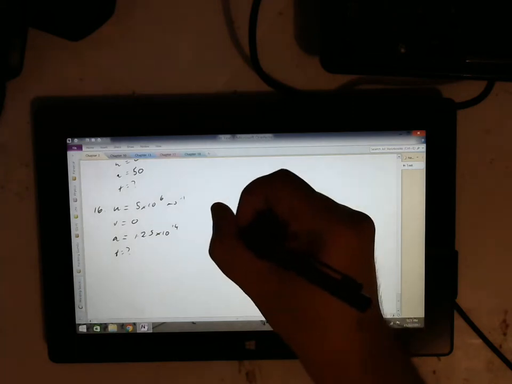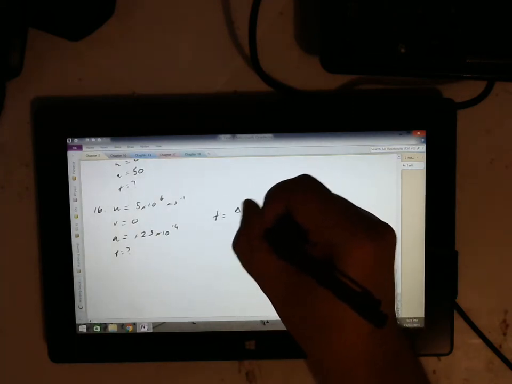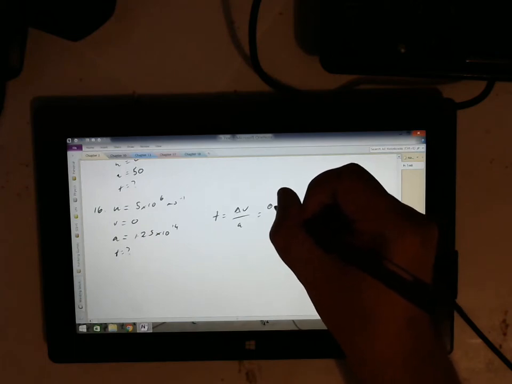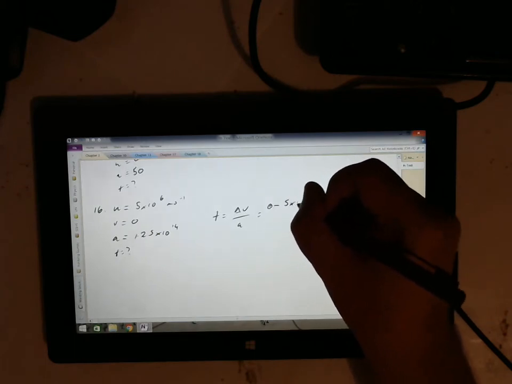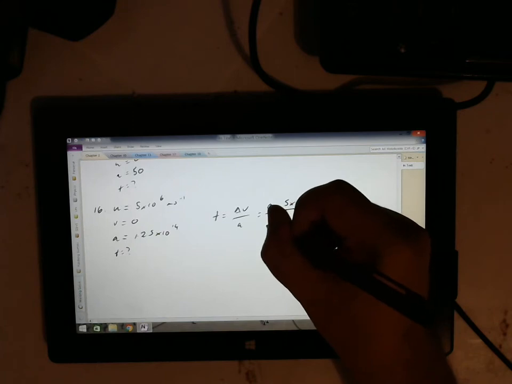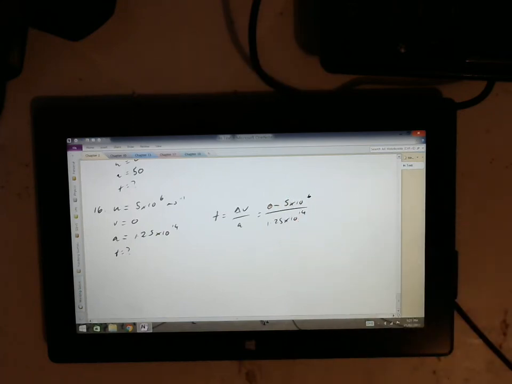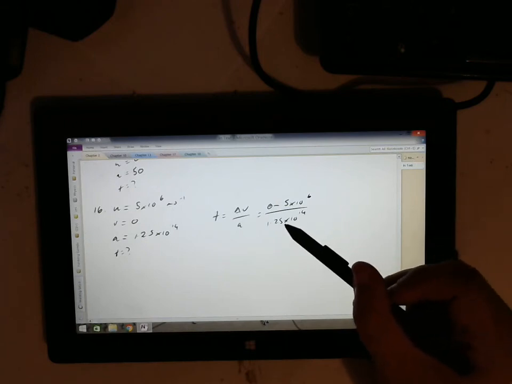So T equals delta V over A equals 0 take 5 times 10 to the 6 divided by 1.25 times 10 to the 14. Now do be careful with your powers of 10. Make sure that your calculator is actually attaching the power of 10 to that number.